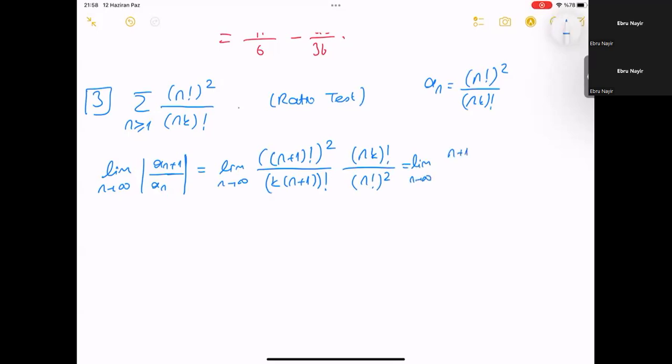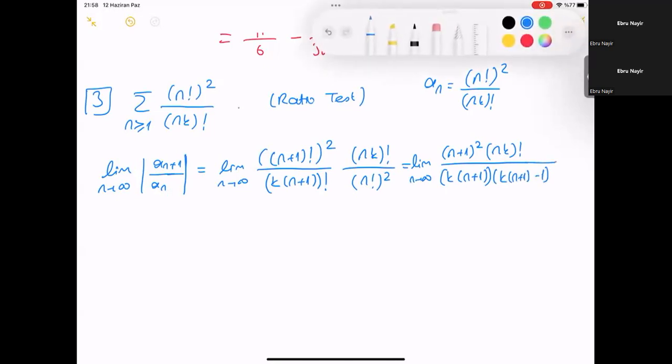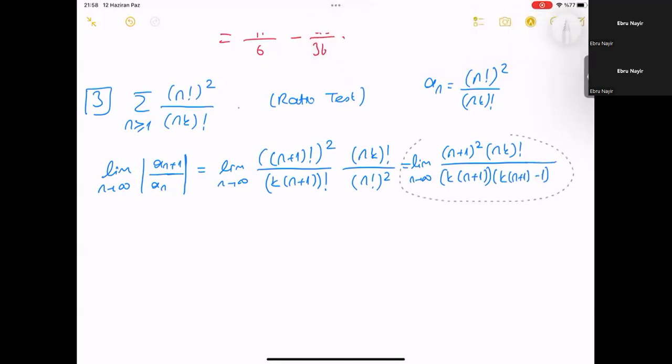We have n plus 1 times n plus 1 squared over this k times this minus 1. Maybe I can write it here.